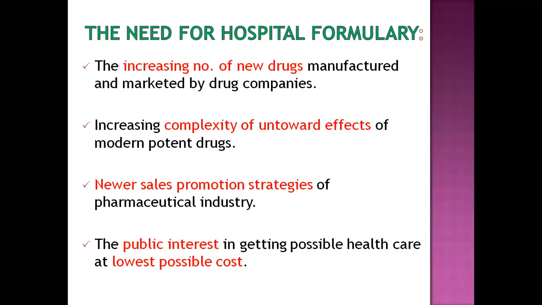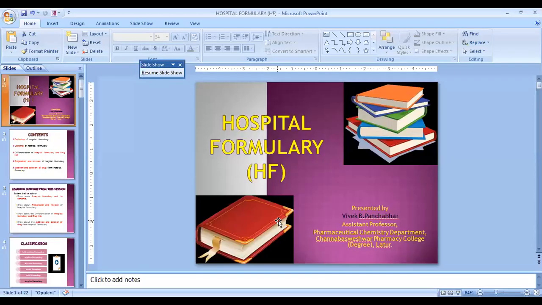To avoid that type of sales promotion in hospitals, this is needed. And finally, the public interest. Whatever drugs are available or listed in the hospital pharmacy should be at the lowest possible cost, because it's a public interest.